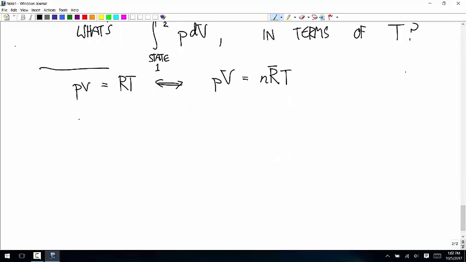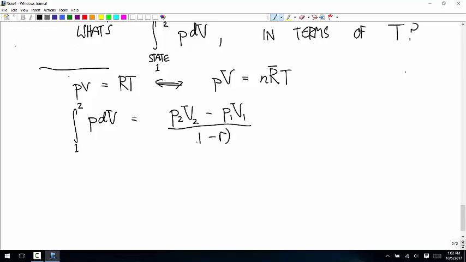From part A, we know that the integral of P dV is equal to P2 V2 minus P1 V1 divided by 1 minus n.